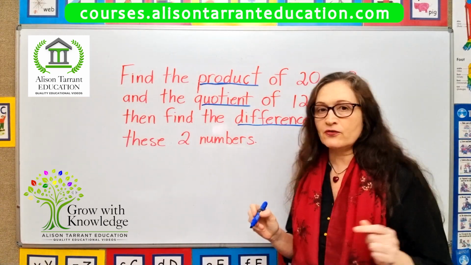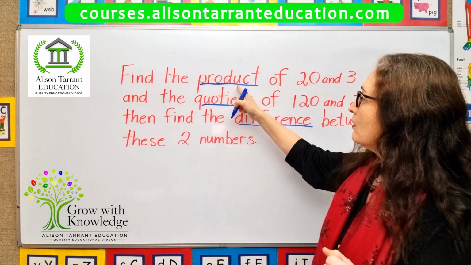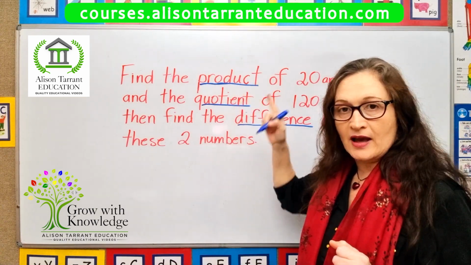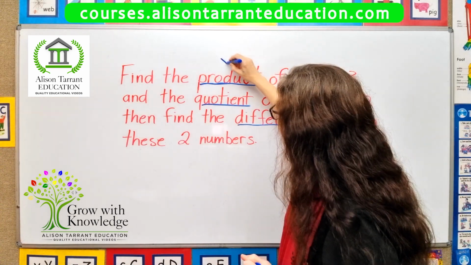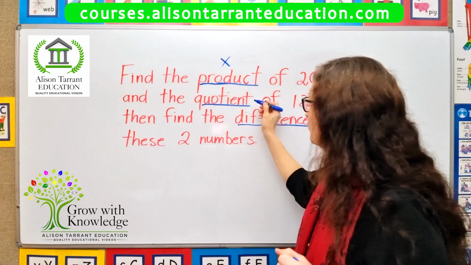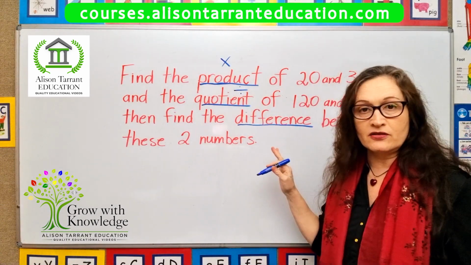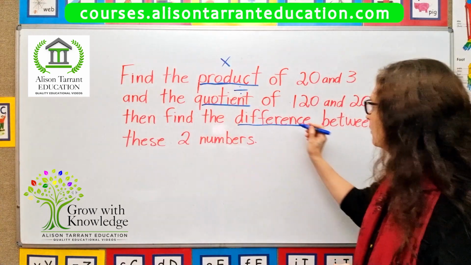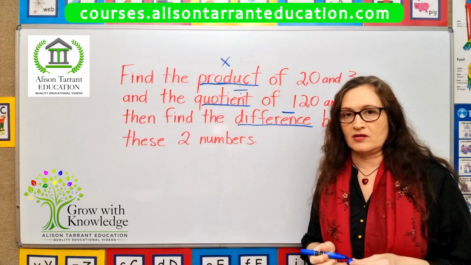So now, if the person doing this word problem knows that product is the answer that you get when you multiply two numbers, that's multiply. Quotient is when you divide two numbers. And difference is when you take away or subtract two numbers.